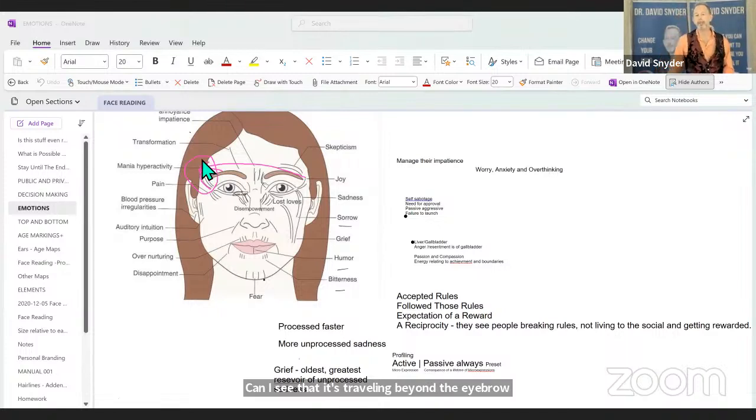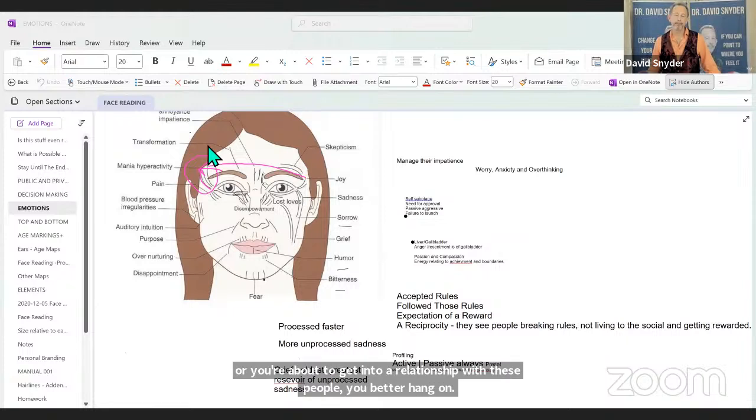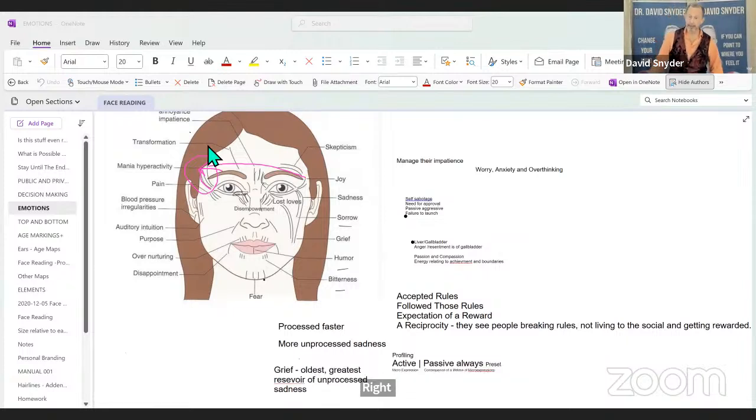When you see this line, if you're in a relationship with these people, or you're about to get into a relationship with these people, you better hang on, right? If you're a therapist and you see these lines and they're new clients, realize that you're dealing with somebody who may have a high degree of manic behavior. Okay.